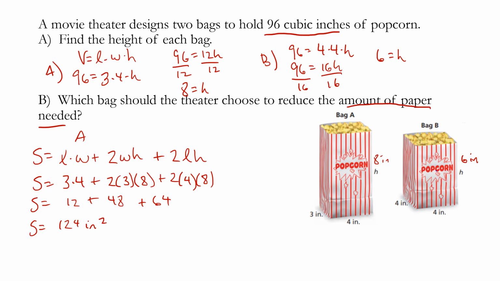Now for bag B, we do the same thing. I'll do this one in blue just so we tell the difference. So S is equal to our length times our width, plus 2 times the width times the height, plus 2 times the length times the height.